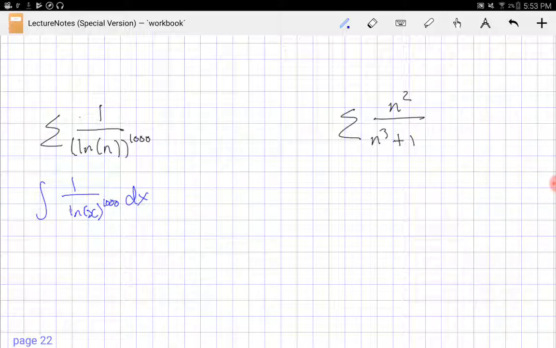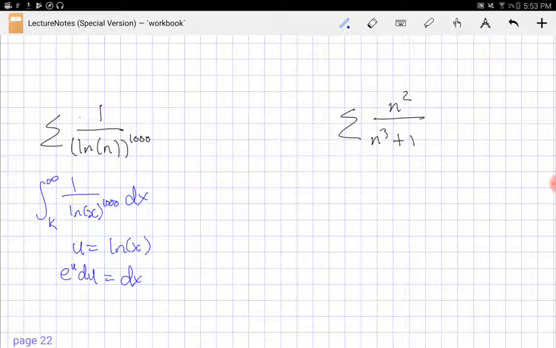And we're integrating it from some constant to infinity. In this instance, we can let u equal ln of x.